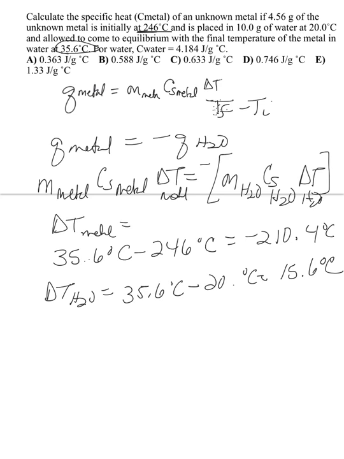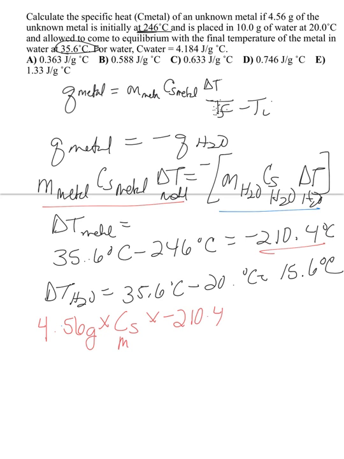Now you have all your variables, you can put them in. So let's just do metal in red, and we'll do water in blue. So the mass of the metal is 4, oh, we're already messing up, aren't we? Okay, the mass of the metal is 4.56 grams times, we don't know the specific heat of the metal. That's what we're going to look for, times our delta T, negative 210.4 degrees Celsius.